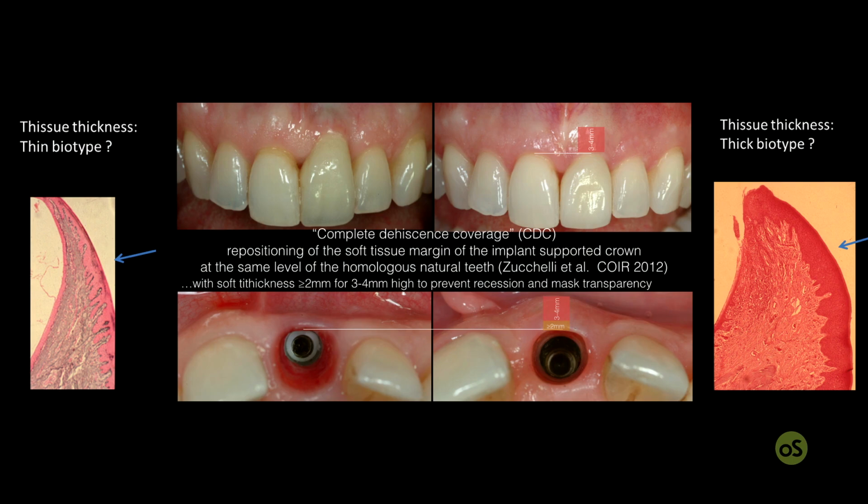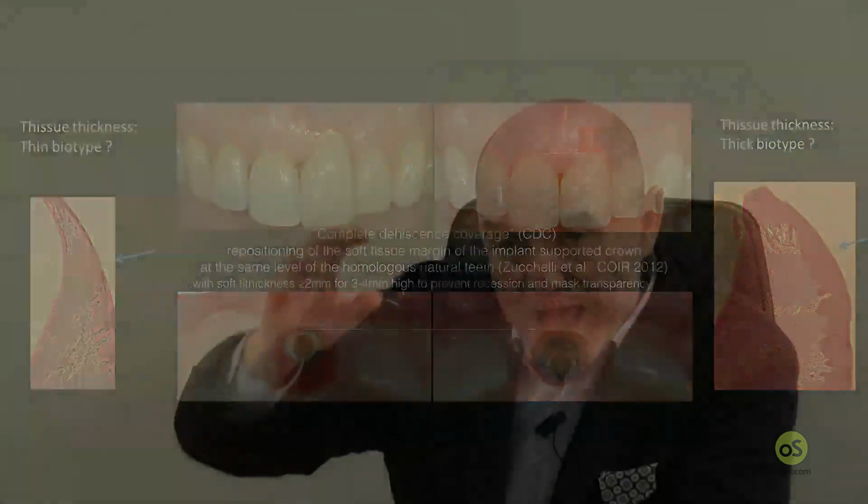So the goal of our therapy is to give the implant-supported crown a soft tissue thickness of at least 2 millimeters, starting from the soft tissue margin of the implant-supported crown, for 3.5 millimeters in apical direction. And this is the way to protect against gingival recession forming.